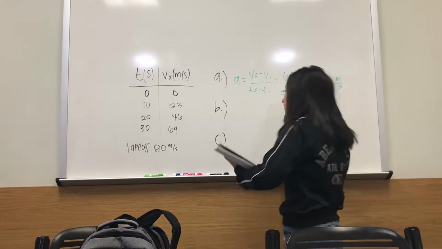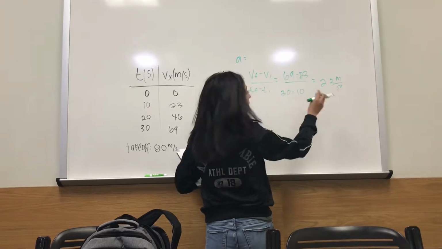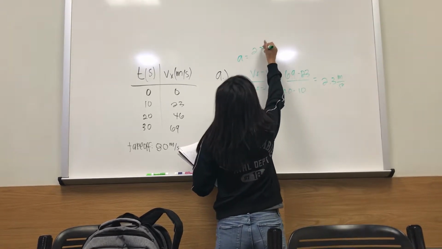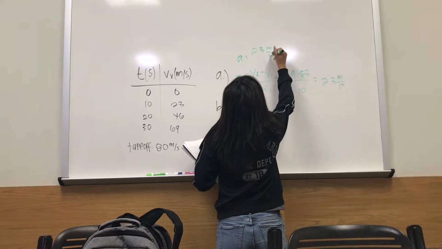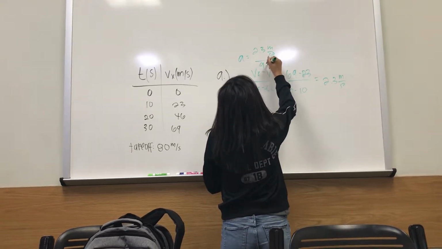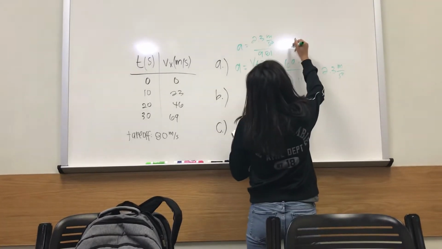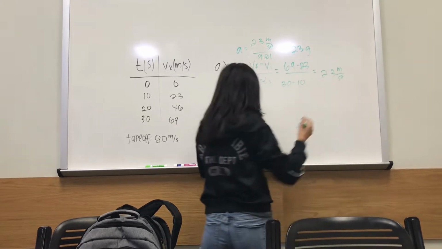But we also have to find it in G's, so we take the number that we got and divide it by the acceleration of gravity, which is 9.81, and we should get 0.23 G's.